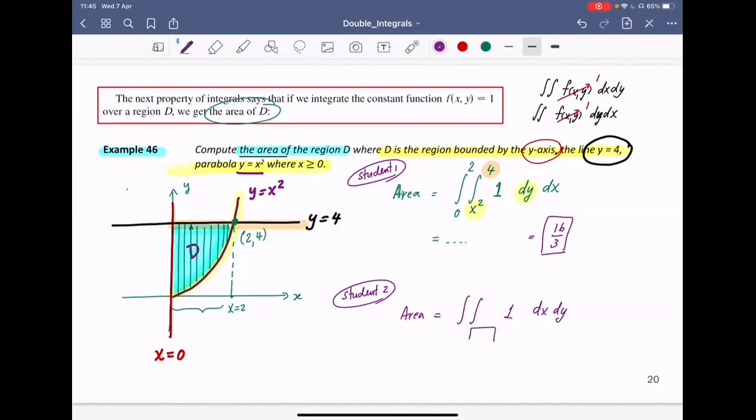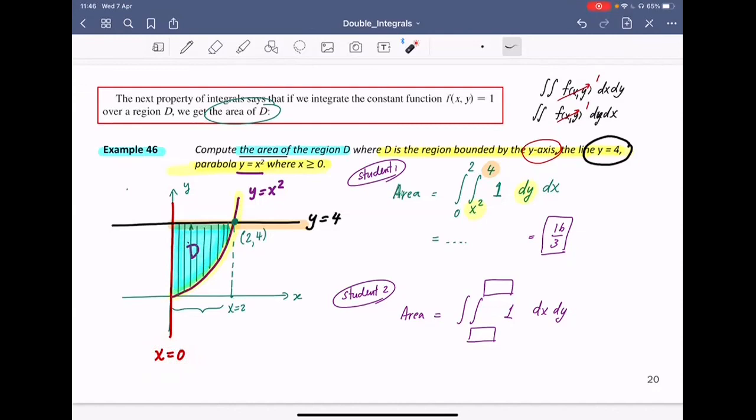Answer in the chat: x from where to where, if I want to integrate with respect to x first. I'm going to use the same picture. If I want to integrate with respect to x first, I have to draw a horizontal line in this region.